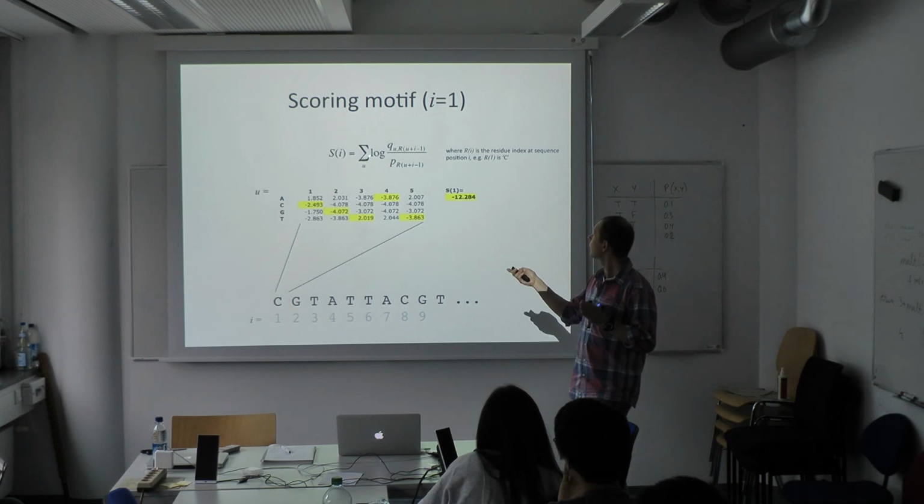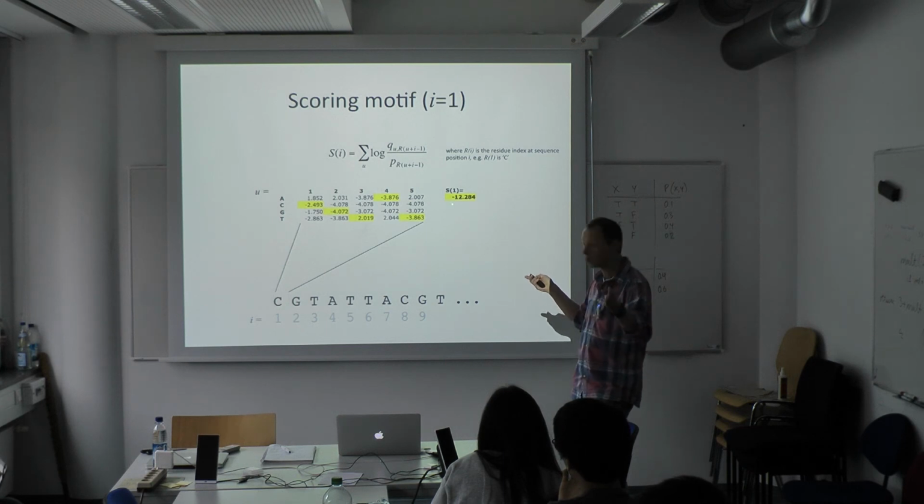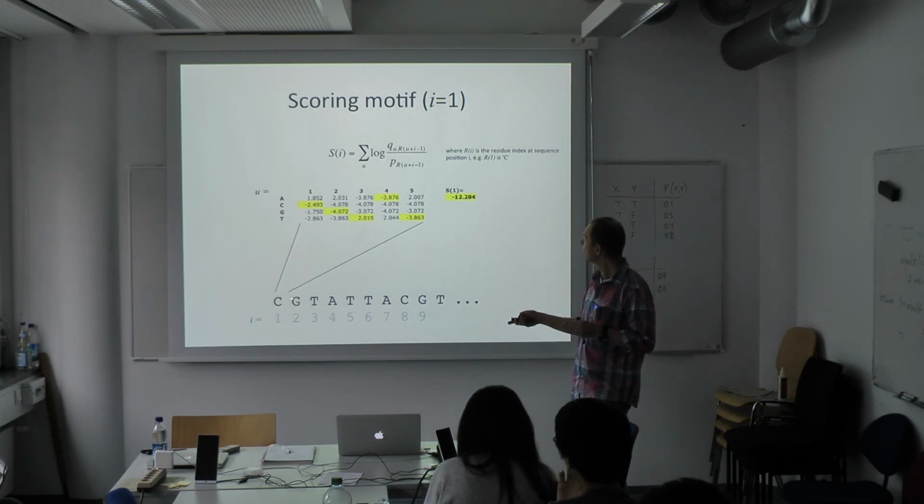If we hadn't done that log transform, we would have to take products, but now we're summing just as we would with a substitution matrix, and we would have a score of minus 12 for that particular position, or for this window of the sequence.